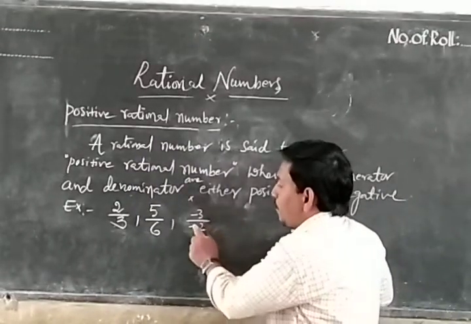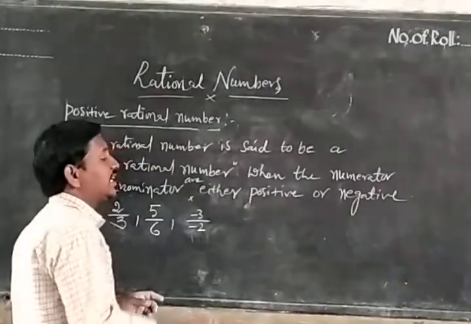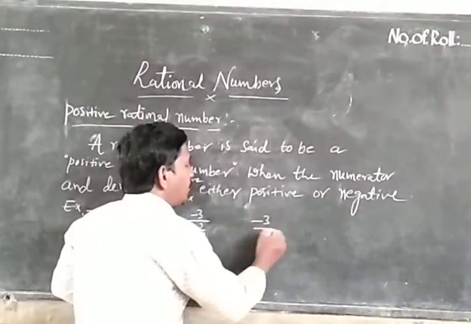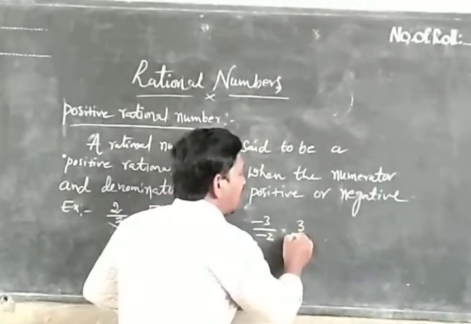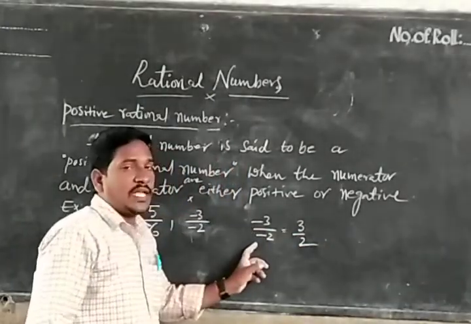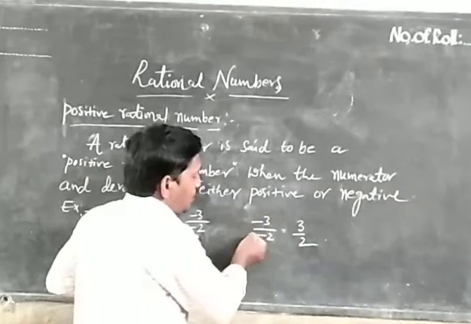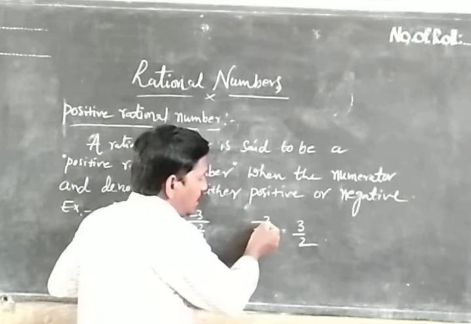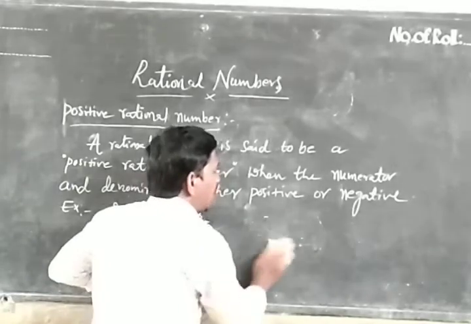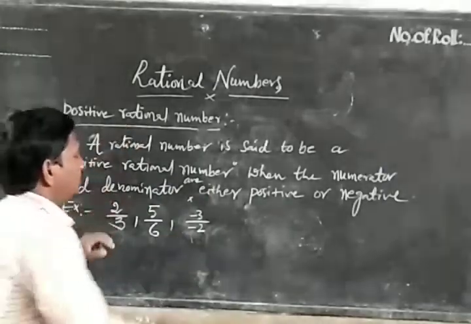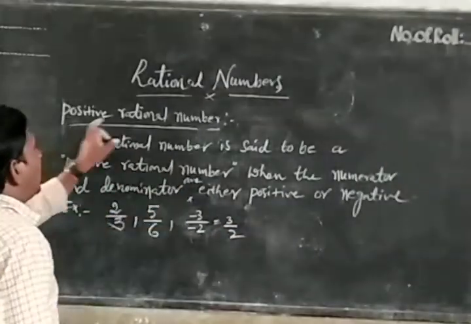Minus 2 is also negative. Minus into minus is plus. So, minus 3 by minus 2 is nothing but 3 by 2. Why? Because minus into minus is plus. So it is positive, nothing but 3 by 2.